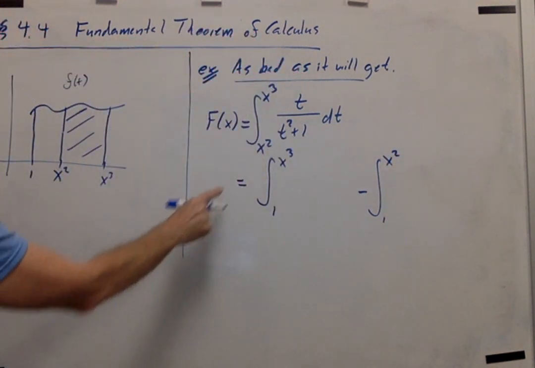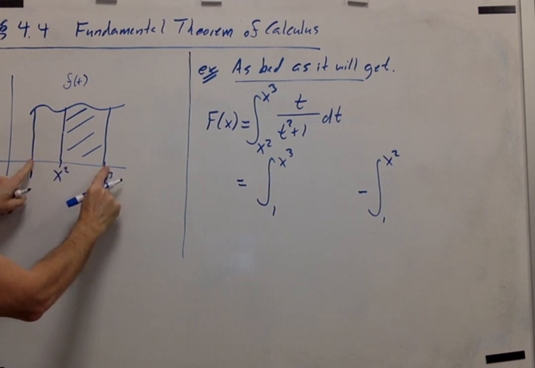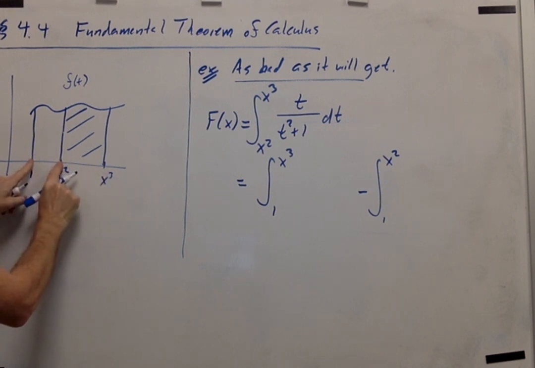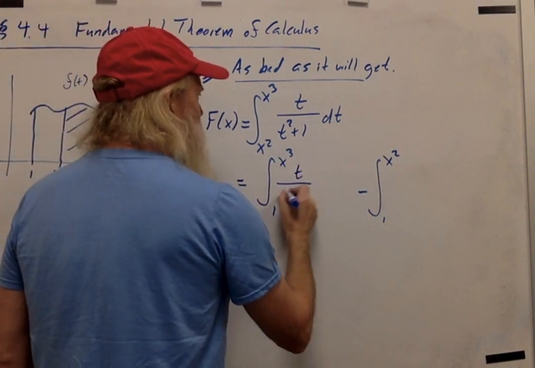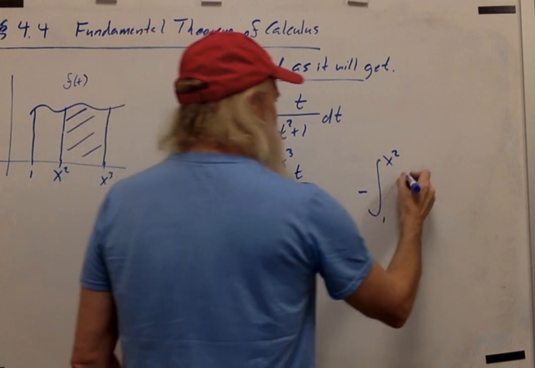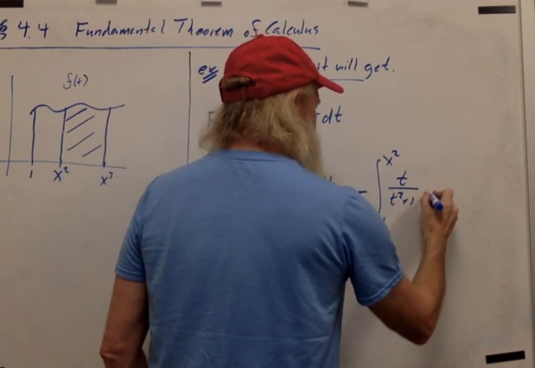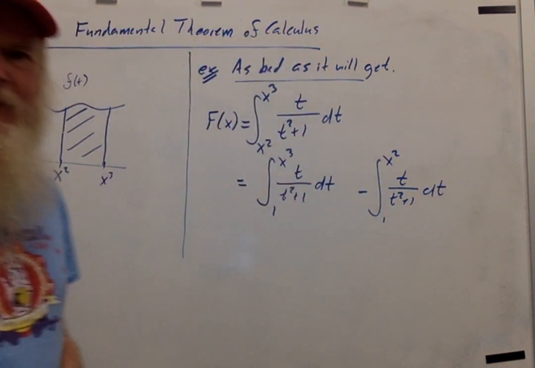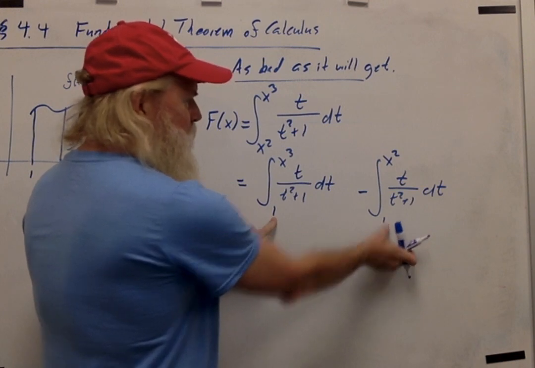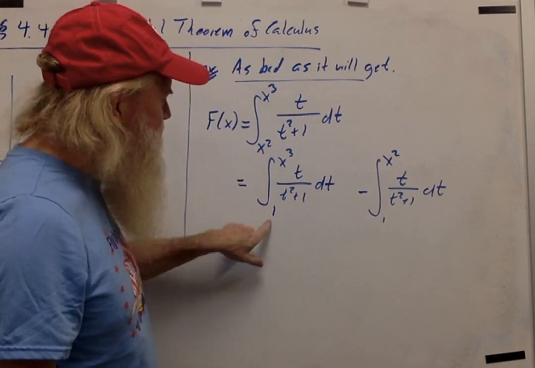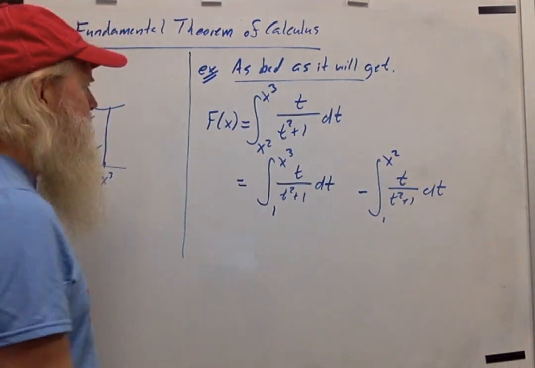So just look at what this is saying. The area between here and here equals the big area minus the left-hand area. So now let's fill in the integrand: t over t squared plus 1, t over t squared plus 1. So now we've taken care of one of the problems, which is that the lower bound was not a constant. Now we have two integrals, and each of those does have a constant as the lower bound.